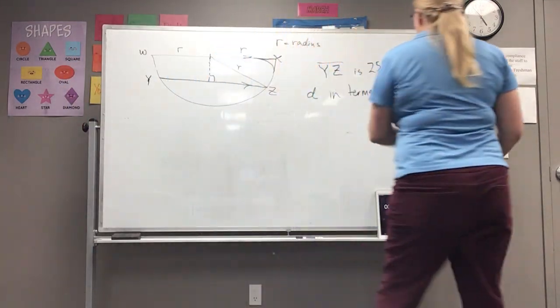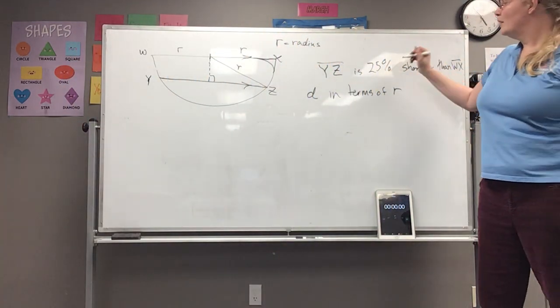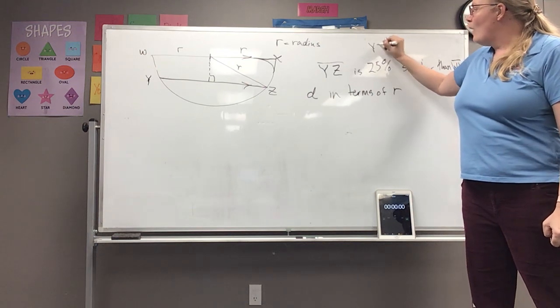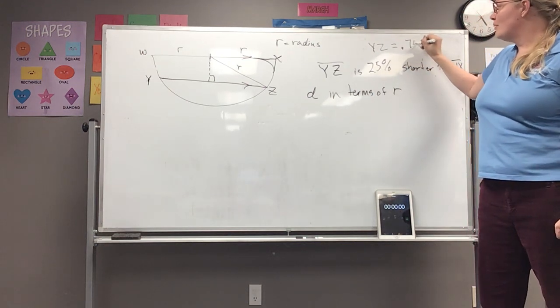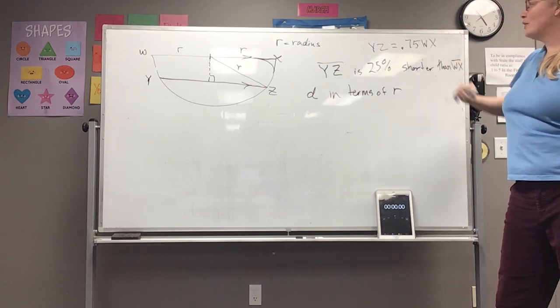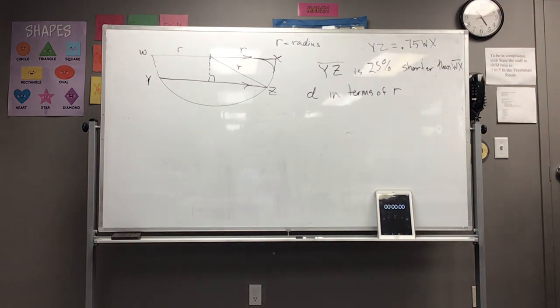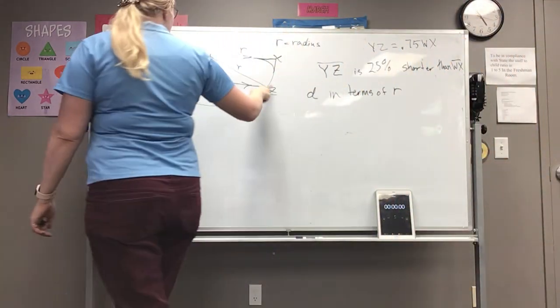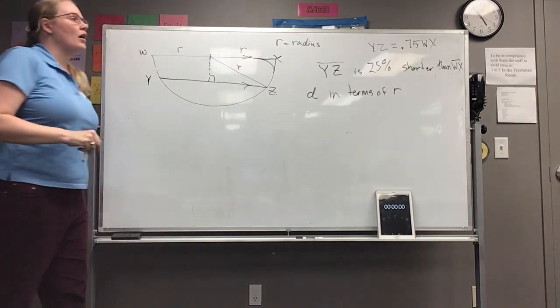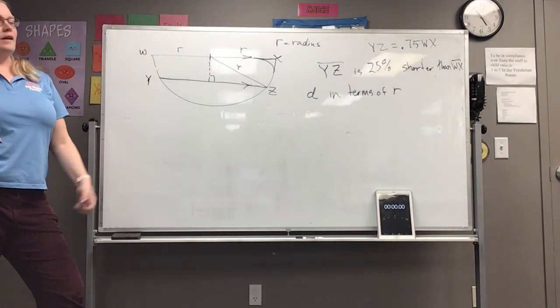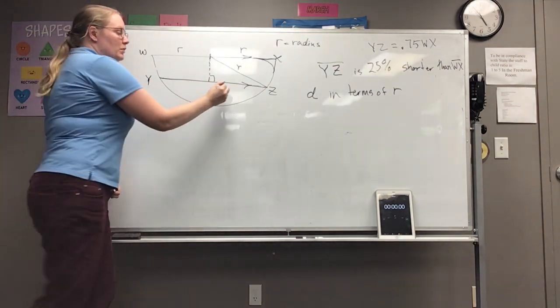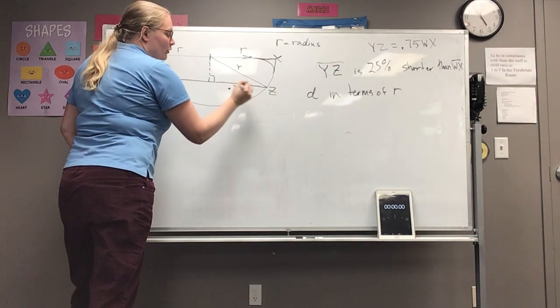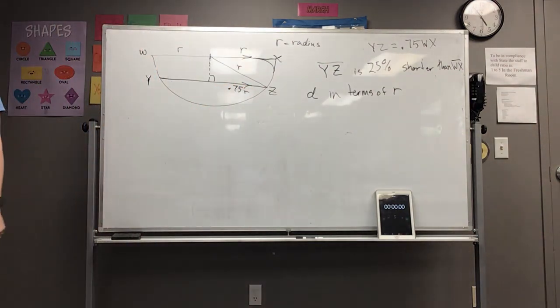If it's 25% shorter than WX, then YZ is equal to 0.75 WX. It's 3/4. But not just that, if this radius is half of the diameter, this is going to be 0.75 radii. It's going to be that same scale factor. And now it's just a Pythagorean theorem problem.